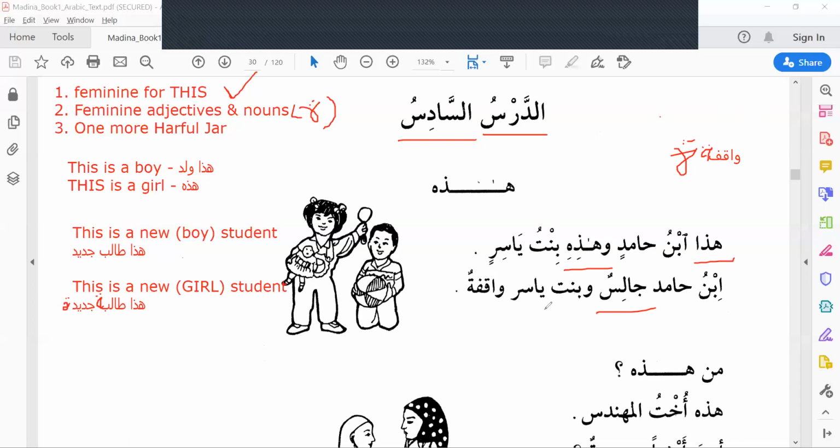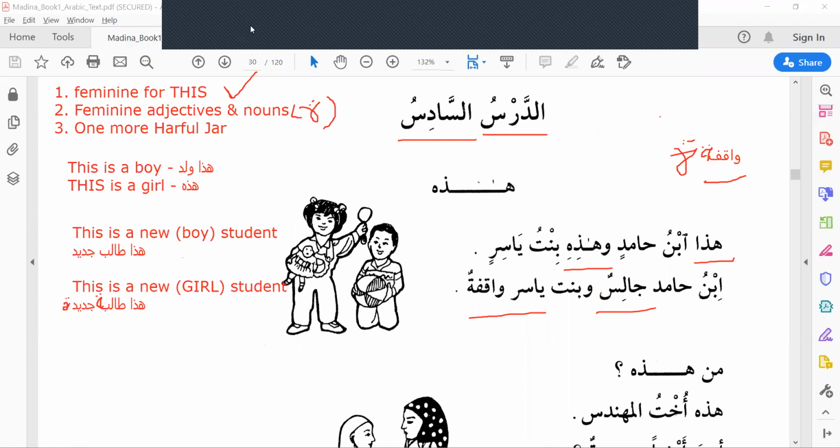For example, Bintu Yasirin sitting. If you want to say Bintu Yasirin is sitting, how do you write? Jalisatun. That's it. Jalisun means sitting for masculine. If it is feminine, just add a ta marbuta: jalisatun.